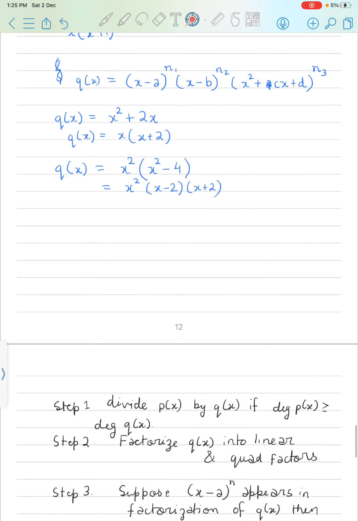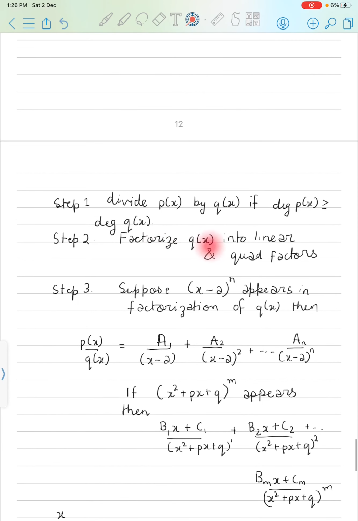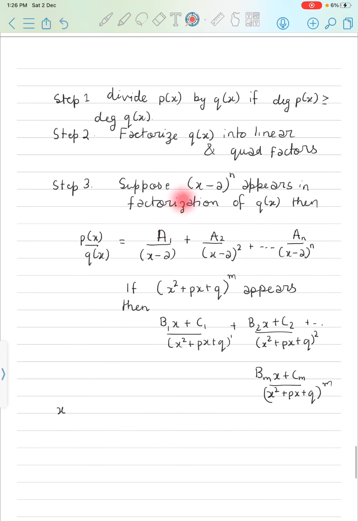I have given some examples here. This is x minus 0, then x minus of minus 2, so this is factorized into 2 linear factors. Here it is factorized into 4 linear factors, where x minus 0, which is x, is appearing 2 times.